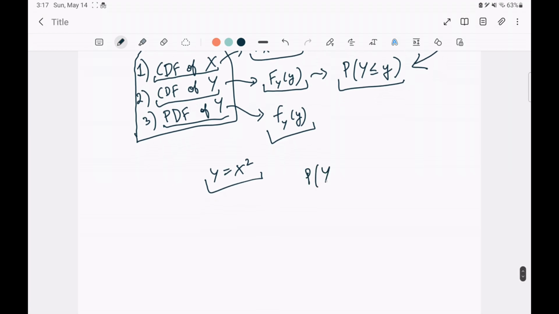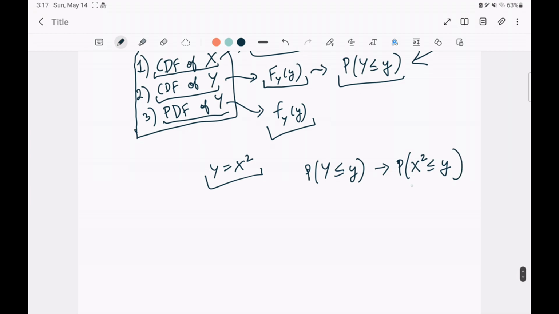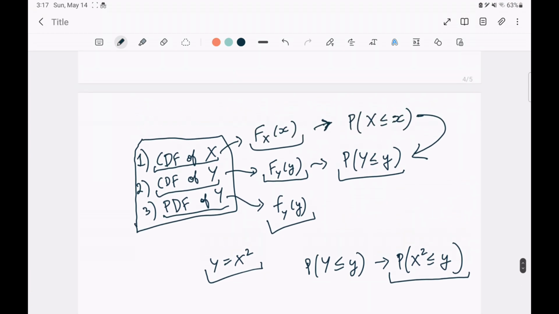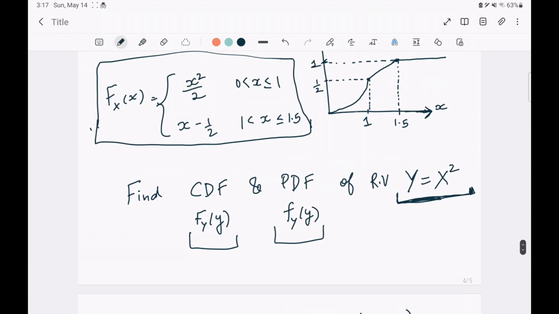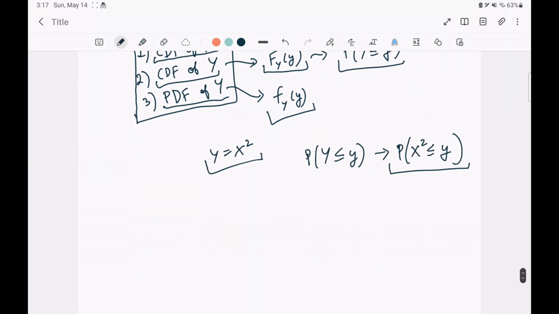So P of Y less than or equal to small y can be written as P of X square less than or equal to small y. And since the value of x is always positive, as in the definition we didn't see any value of x which was negative, it's a relatively simple case for us.